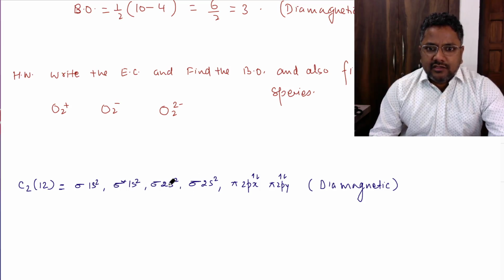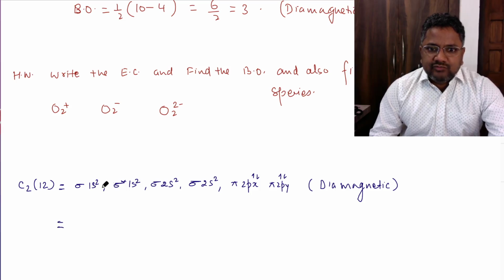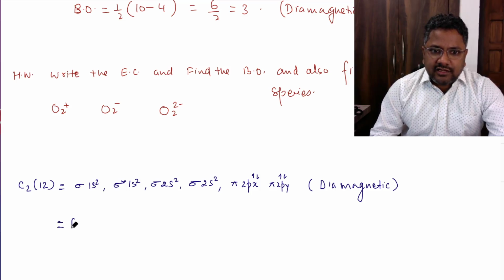So see, this configuration you can write in this way also. This K shell is complete, so you may get this type of representation also, KK. If you write this KK, then you can start from here, right?